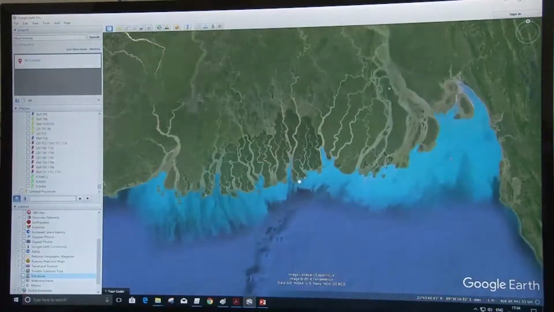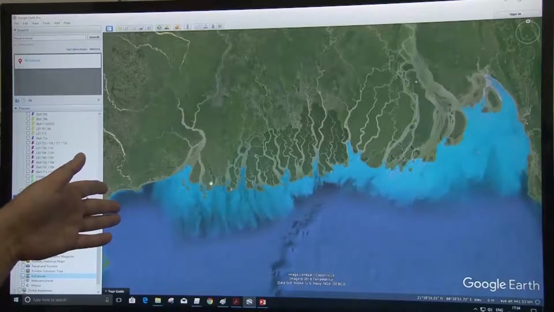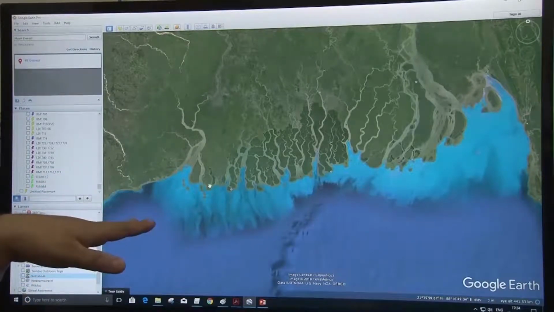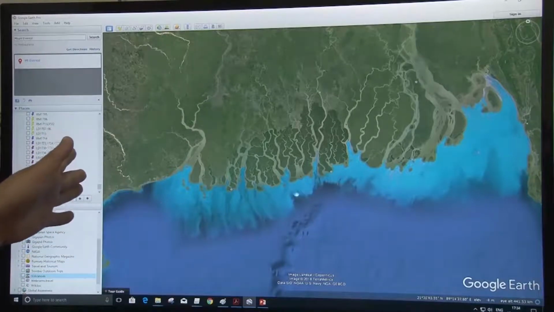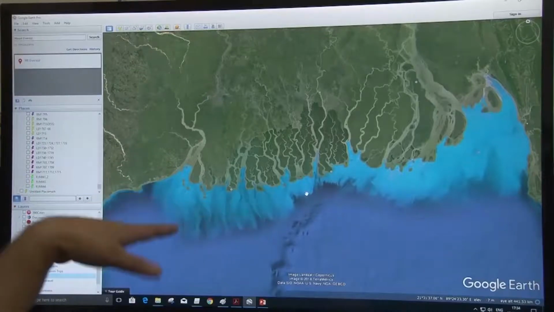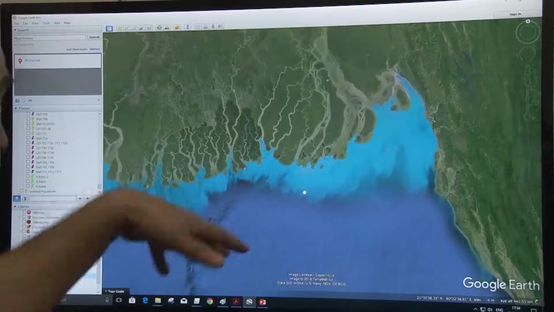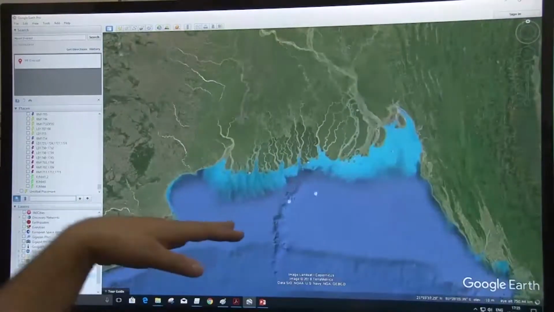Because here you can see that most of the rivers are debouching into the sea water, they are at the sea level. So that's why they are forming a deltaic region, and they are depositing their sediments and supplying water to the Indian Ocean. They are almost at the mean sea level.